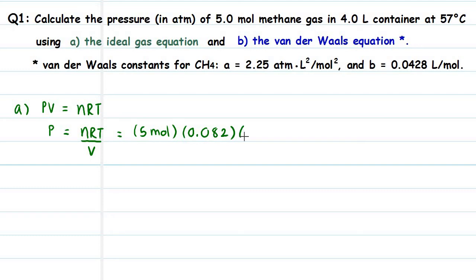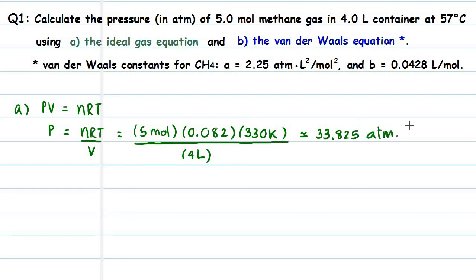T is 57 Celsius, which is 330 Kelvin. And V is 4 liter. Alright, so to calculate that out, we should get about 33.825 atm for the ideal gas.